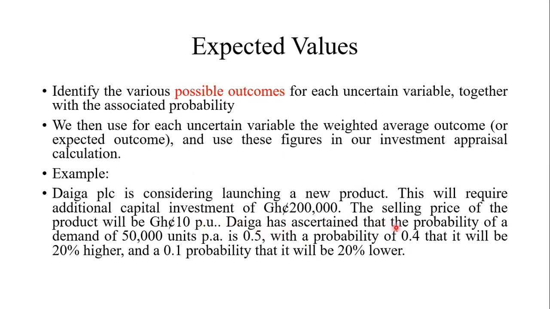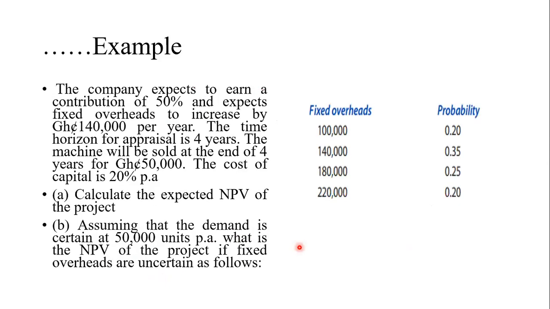D has ascertained that the probability of a demand of 50,000 units per annum is 0.5, with a probability of 0.4 that it will be 20% higher, and a 0.1 probability that it will be 20% lower. The company expects to earn a contribution of 50% and expects fixed overheads to increase by 140,000 per year. The time horizon for appraisal is 4 years. The machine will be sold at the end of 4 years for 50,000. The cost of capital is 20% per annum.